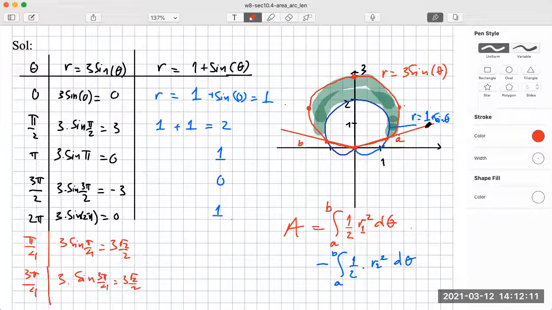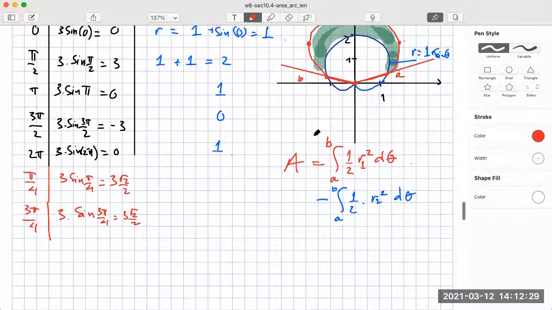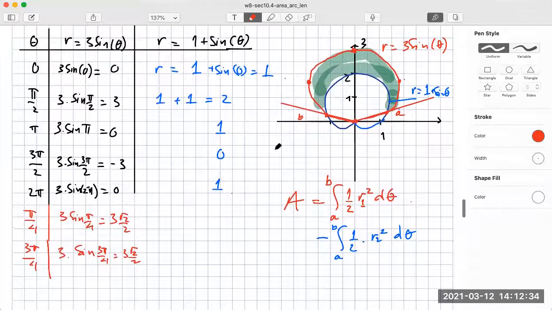So now our job is to find these positions A and B here, right? It's very natural, right? So how can we find A and B, the angles? Look at this. Here, at this point where the two curves cut, they have the same radius, right?